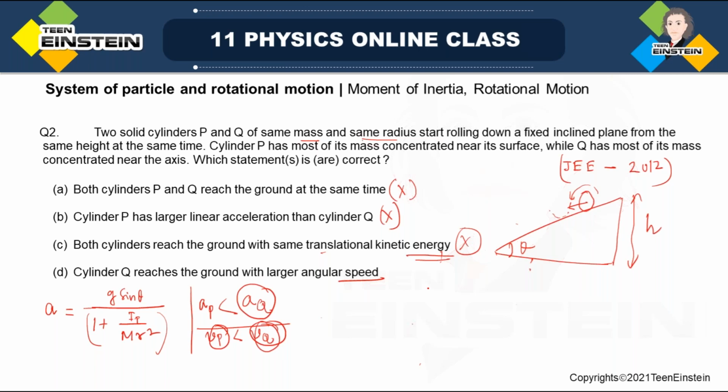So we have seen that linear acceleration for Q is greater than linear acceleration for P. Let us go with velocity, linear speed and angular speed. Then the linear speed VQ must be greater than VP.